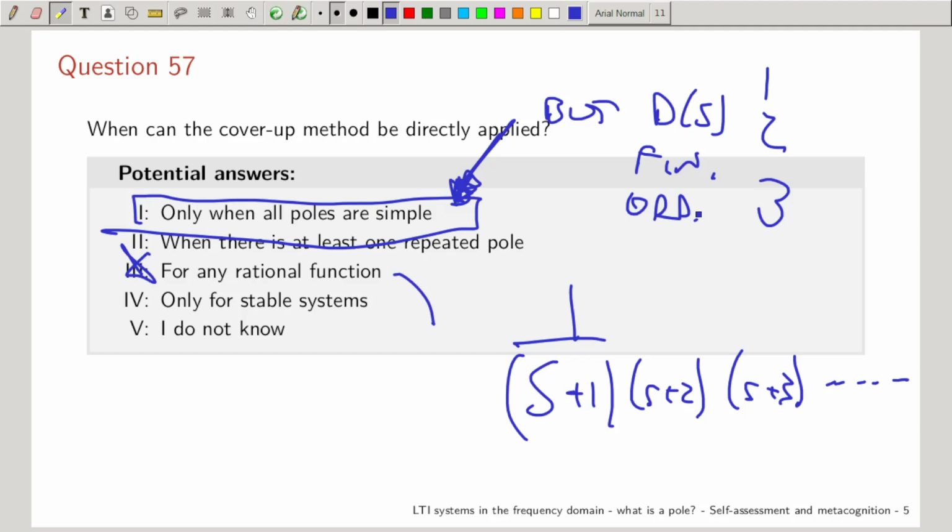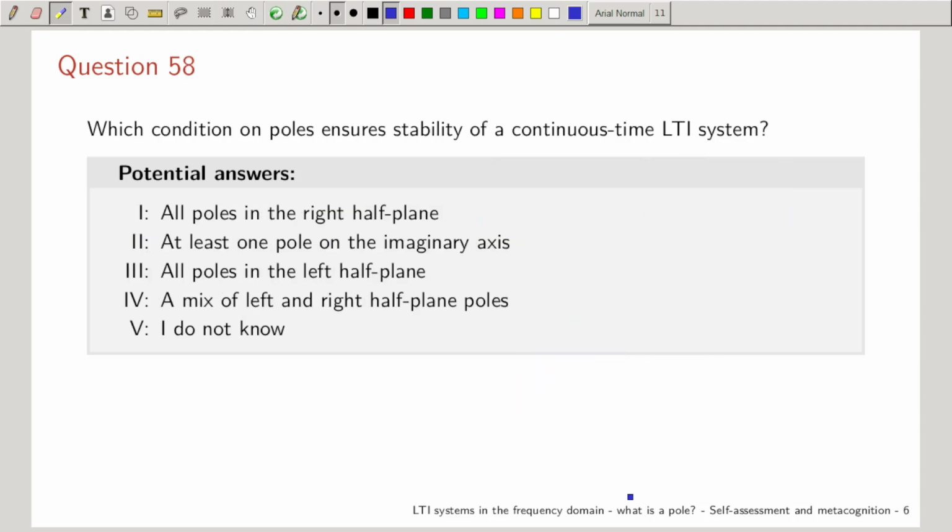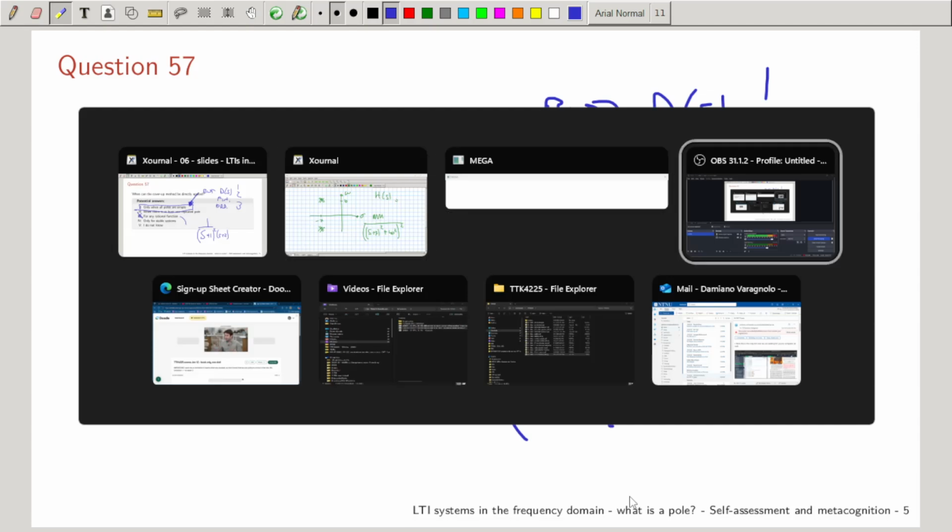How much are we together, people? 1, 2, 3. Okay. No. If I have this one squared, I can't use the cover-up method. I need to do the system. Okay. Perfect. Other questions, people?